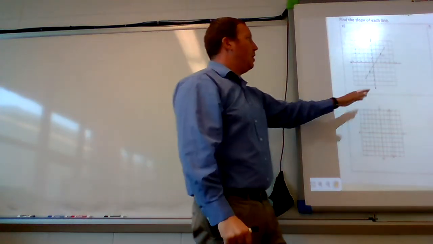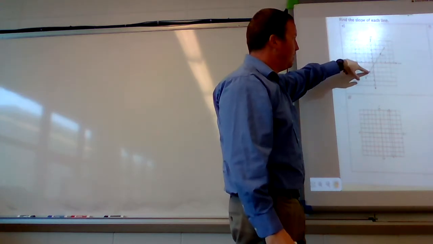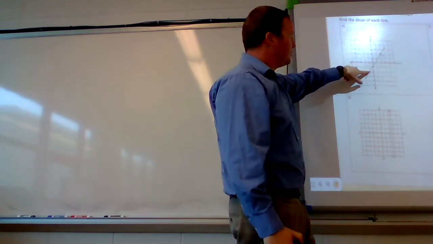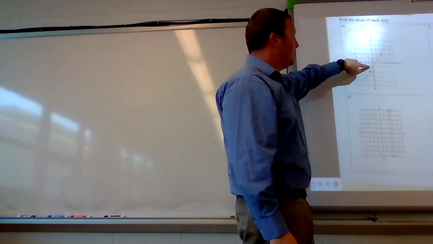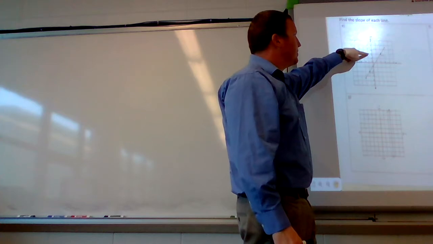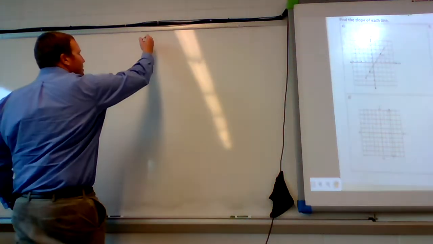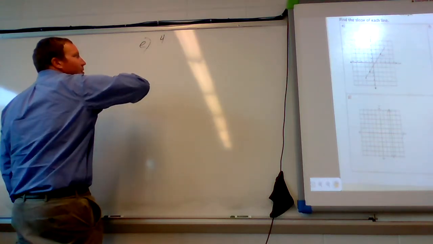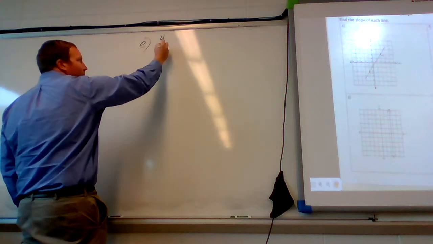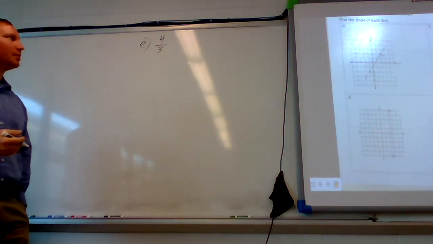So start on the one furthest to the left. So we have the point negative 1, negative 2. Our second point is at 2, 2. So we have a rise of 1, 2, 3, 4, and a run of 1, 2, 3. So E, we went up 4 units, and we went to the right 3 units. So our slope is 4/3.